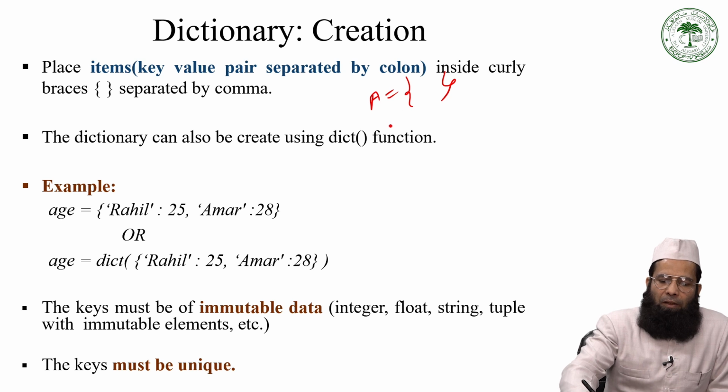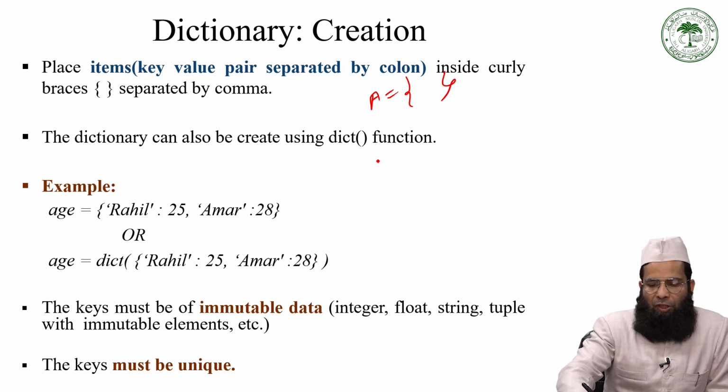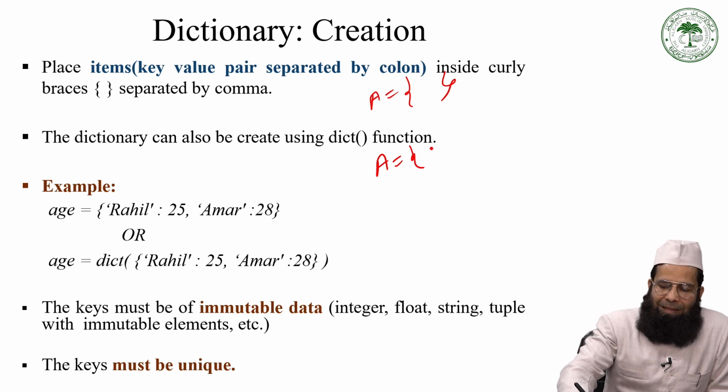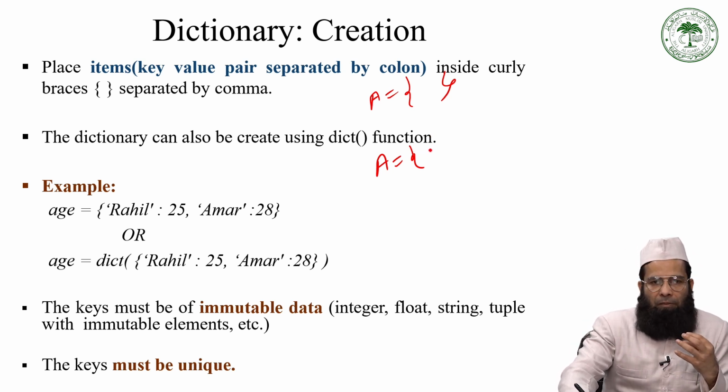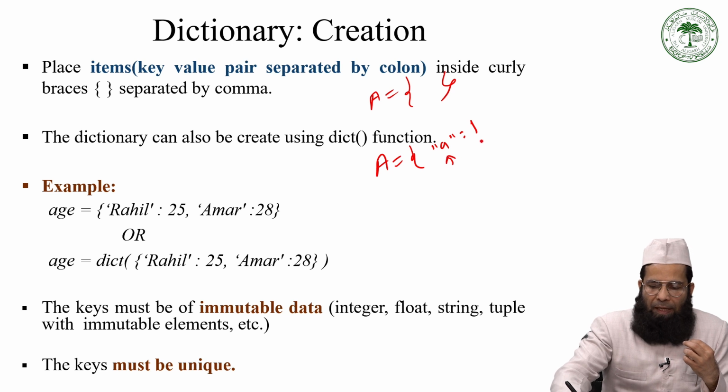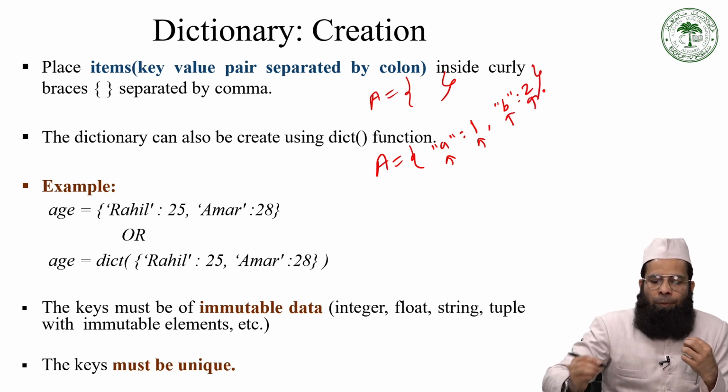Similarly, if you need to create a dictionary, again we'll use curly braces, but inside the curly braces the elements would be key value pairs, like a and then colon 1. So this is the key and this is the value. Similarly, you could take certain more items, let's say b colon 2. Here also this is the key and this is the value.